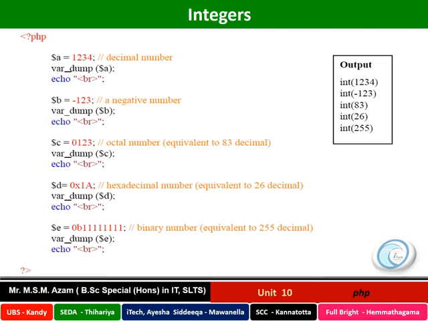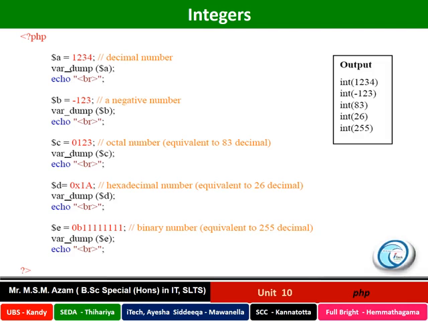Then we declare an octal number. When you declare an octal number in PHP, you have to assign the value to the variable by starting with 0. For example, say I have to assign the octal value 123 to variable c. Then I have to type $c equals 0123. The 0 means that the number belongs to the octal number system, and the octal value is 123.